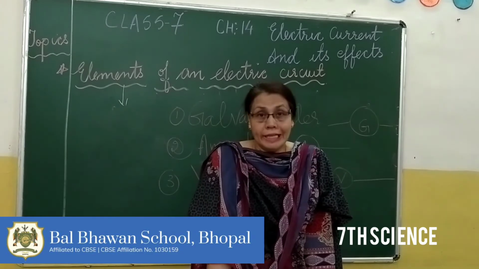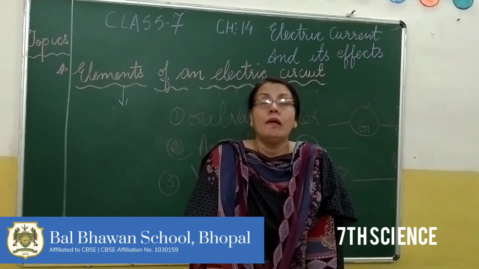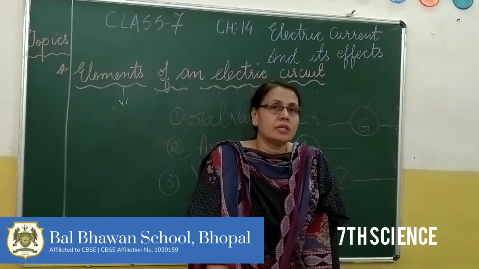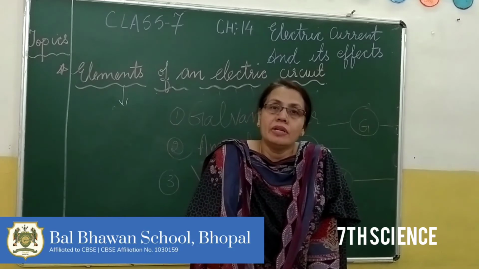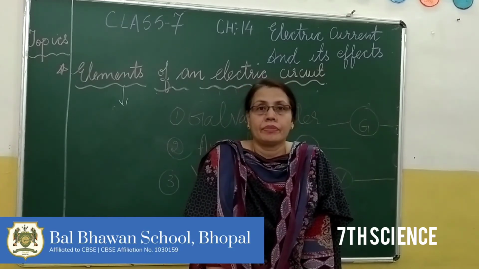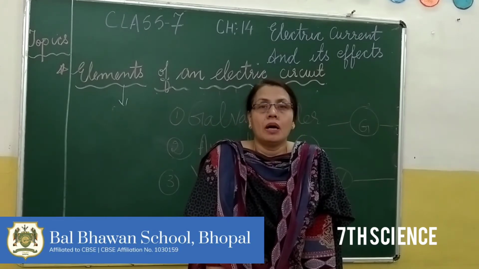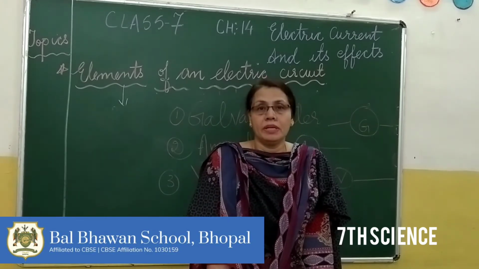Then we talked about inductor, how it works and what its function is. Then we discussed cells and batteries, how the cell and the battery are connected in series and how they are connected in parallel. Then we discussed galvanometer, ammeter and voltmeter.